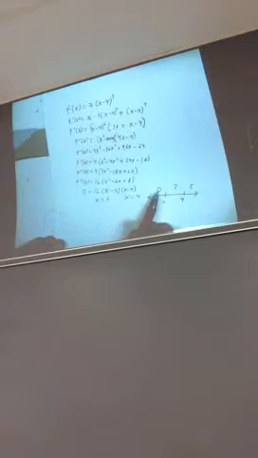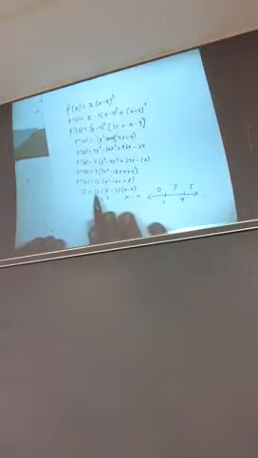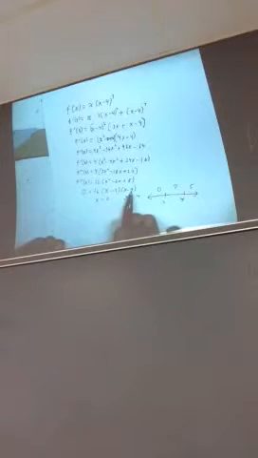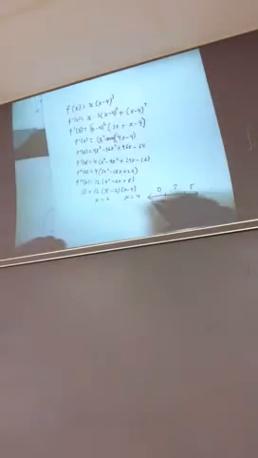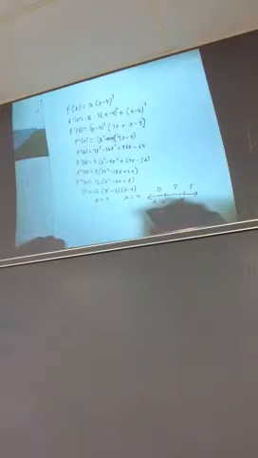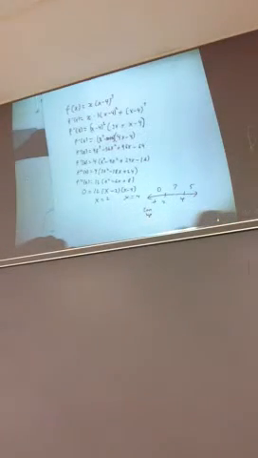If I plug in 0, this is always positive, so I have a negative times a negative, which is positive, so it's concave up. The first derivative is where you see if it's increasing or decreasing.